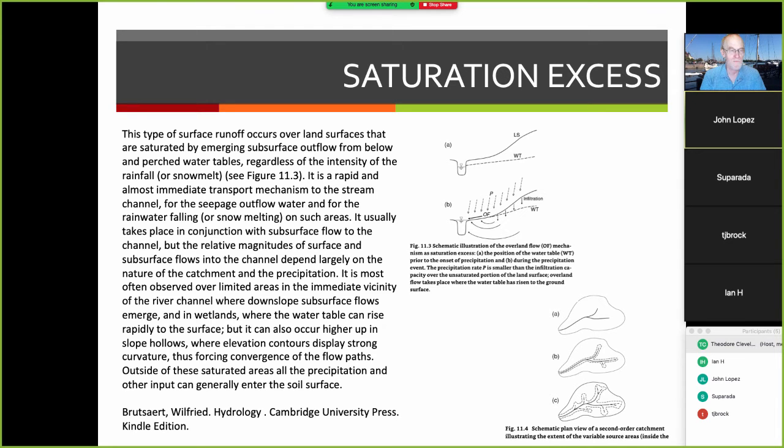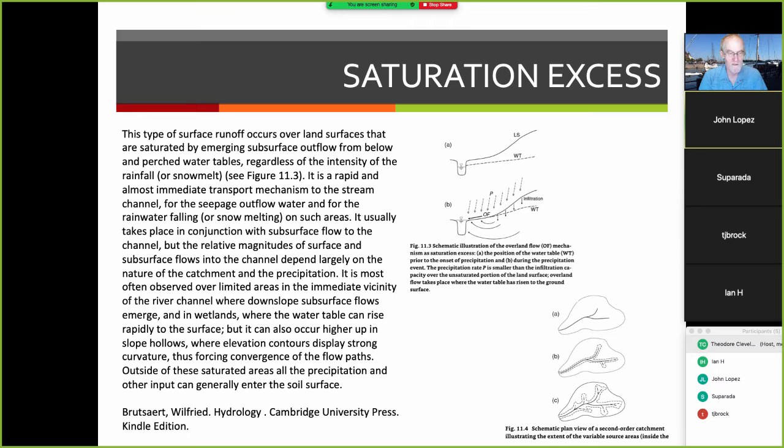It usually takes place in conjunction with subsurface flow to the channel, but the relative magnitudes of surface and subsurface flows into the channel depend largely on the nature of the catchment and the precipitation. It is most often observed over limited areas in the immediate vicinity of the river channel where downslope subsurface flows emerge, and in wetlands where the water table can rise rapidly to the surface.